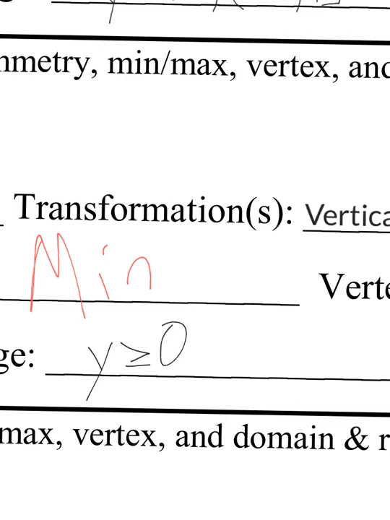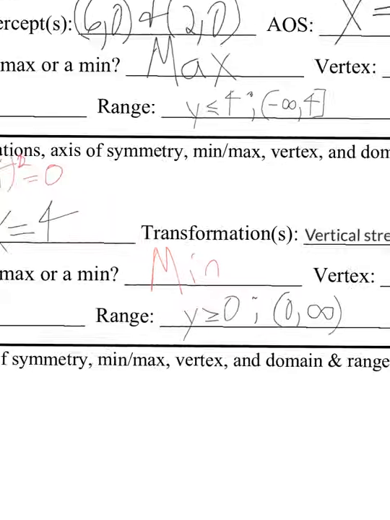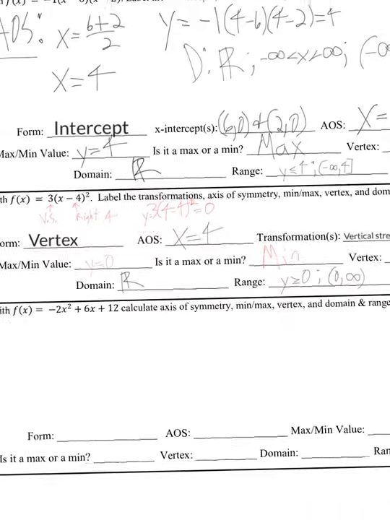It's pretty much always going to be or equals to for the range, because it's going to pass through that lowest point. You could also say that in interval form, 0 is your lowest point and infinity is your highest point, and they're both in parentheses. Remember, a bracket means you can touch it. So that's all there is to say about number 2.